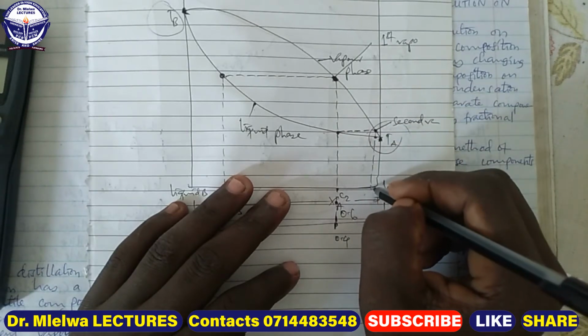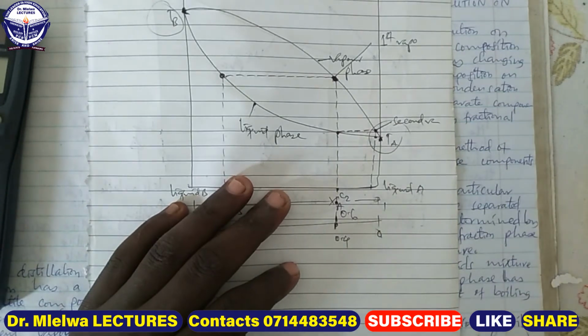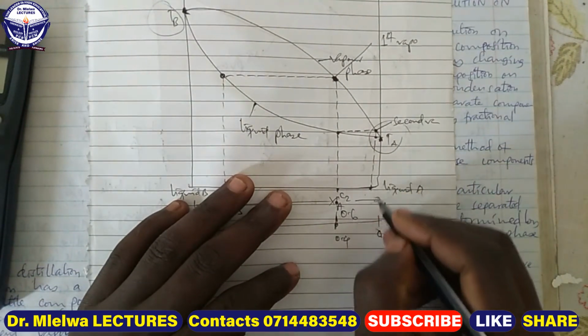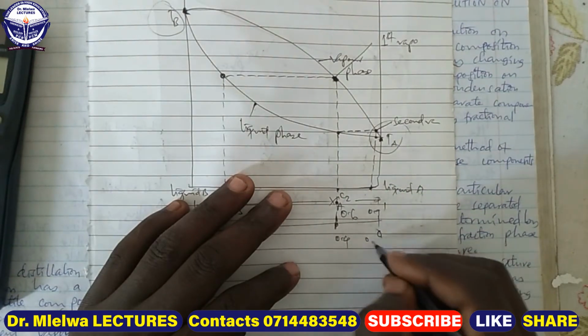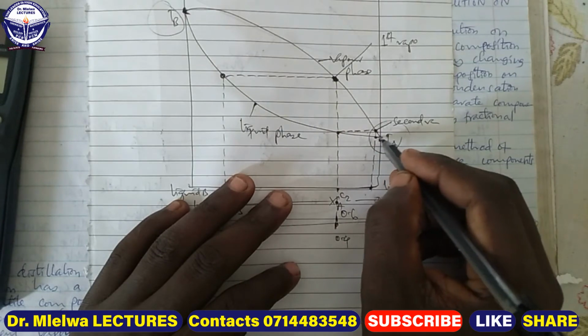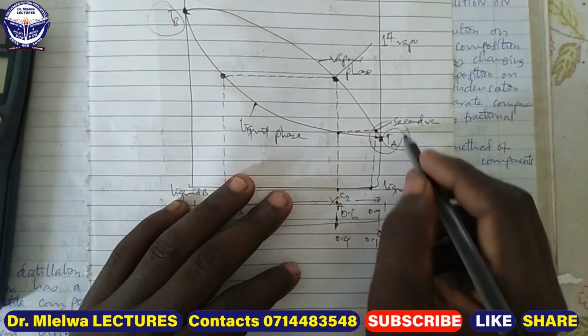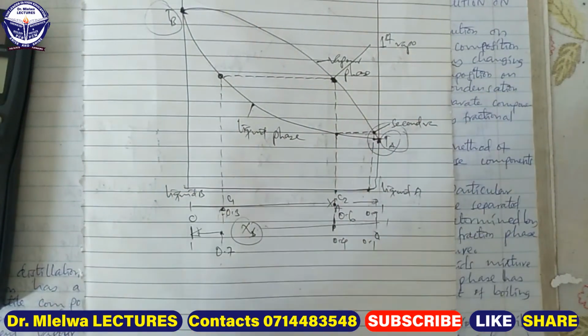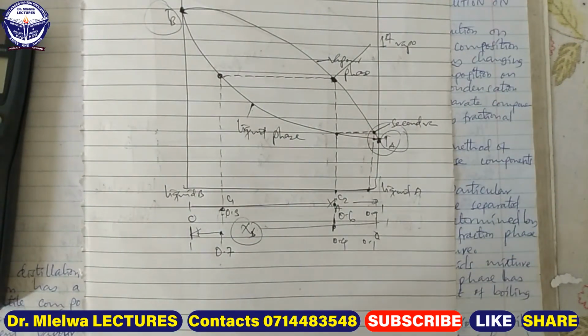Lakini hapo ukija kuangalia A unakuja kuona imeongezeka zaidi. So let's say here A is 0.9 while B is 0.1 kwenye second vapor. Tukiboil tena tunafika kwenye point ambayo A inakuwa ni 1. So hiyo ndio behavior of ideal solution in distillation.